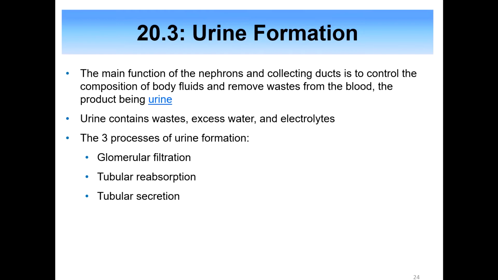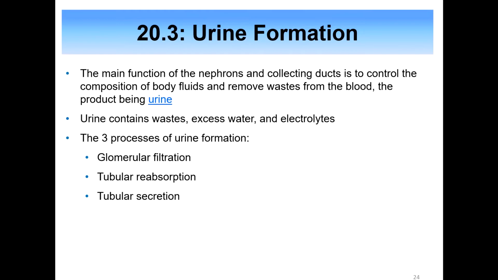The liver's just full of enzymes, all kinds of enzymes. They're going to do all kinds of things for converting one substance into another. But when we have too much of a substance and we need to get rid of it, we're going to get rid of it in the urine. All right. So urine contains waste, excess water, and electrolytes.